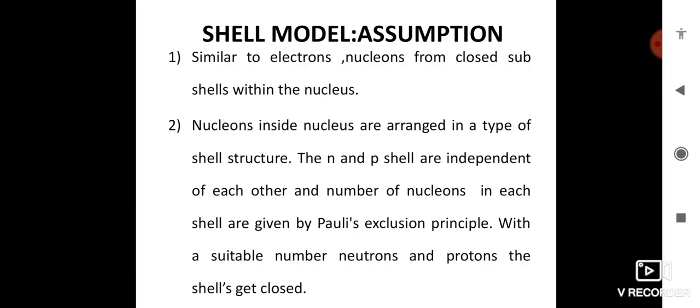Energy levels are grouped into shells such that each shell contains closely spaced energy levels, and two consecutive shells are separated by a large gap.